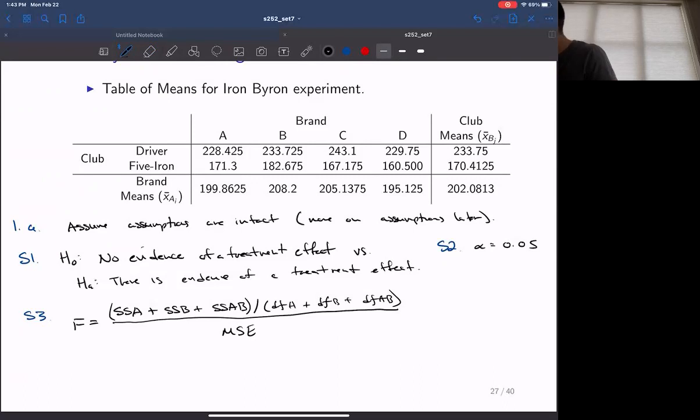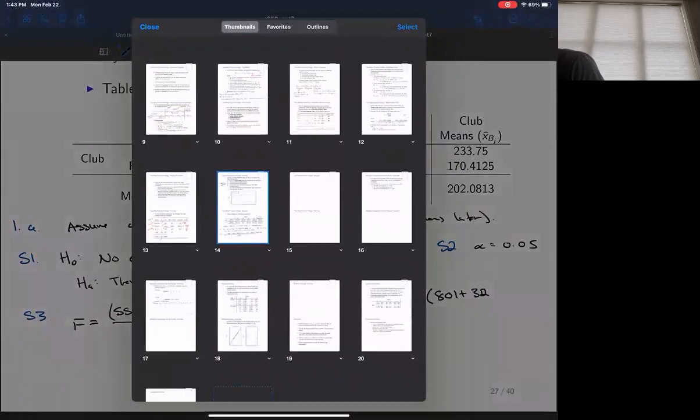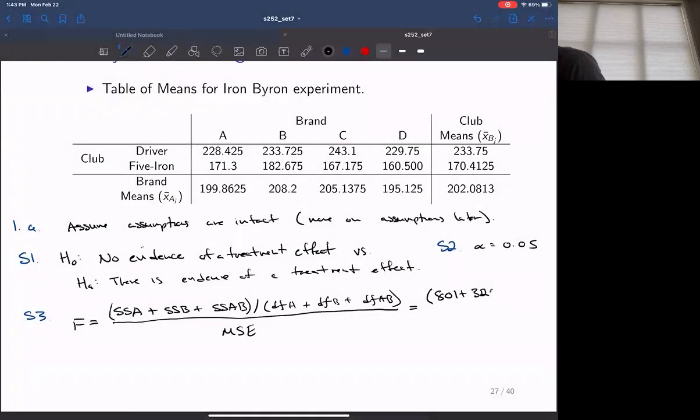All right, so this is going to be 801 plus 32,093 plus 766 divided by 3 plus 1 plus 3.